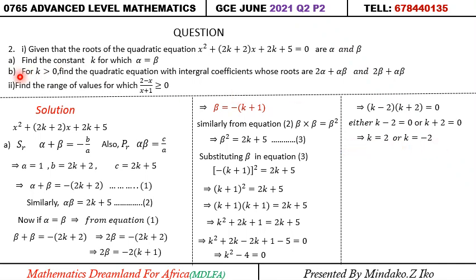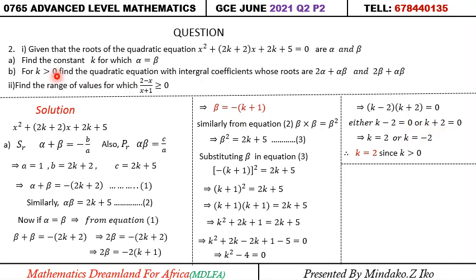I hope it is really clear, because we are going now to the b part of the question. Since they said for k greater than 0, according to the b part, it simply means that we are going to restrict the negative part.